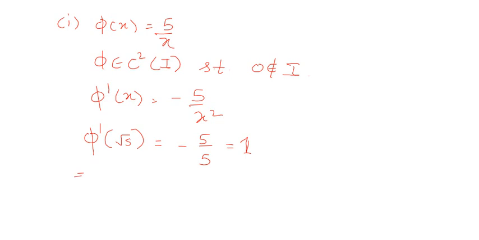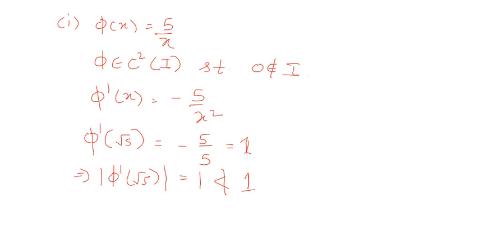So this implies mod of phi dash of root 5 is actually equal to 1. You can't say less than 1. So you can't apply here the Picard fixed point theorem that you have just seen.